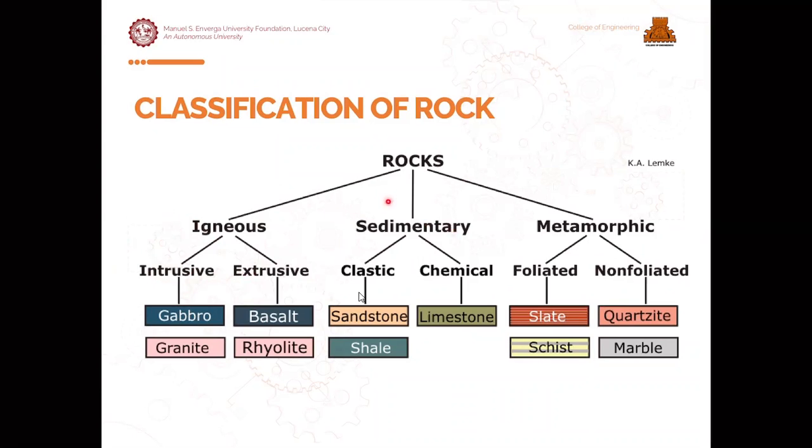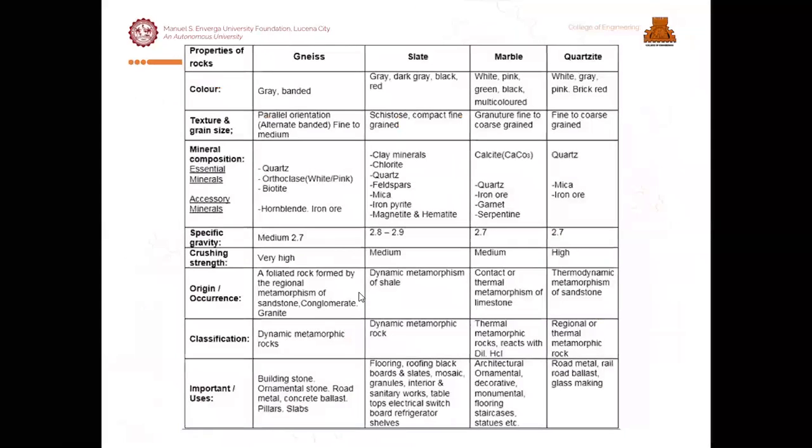Then sa sedimentary natin, meron tayong clastic. And itong chemical kasama siya sa non-clastic, no? Then sa metamorphic, we have yung foliated and non-foliated. So yung sa foliated is based na to dun sa mga bang structure pag foliated yung sinasabi. So ito to. So foliated rock formed by regional metamorphism of sandstone.